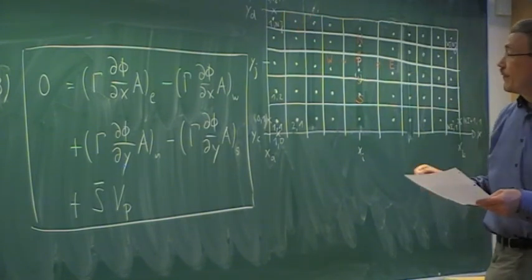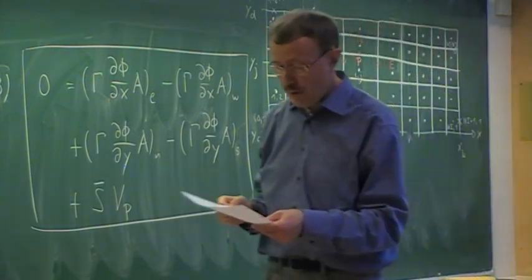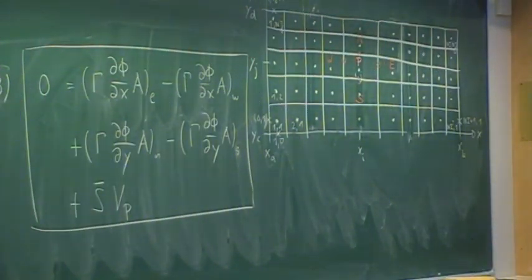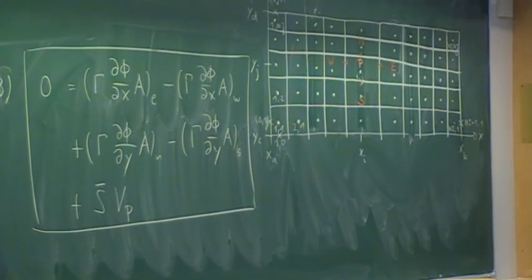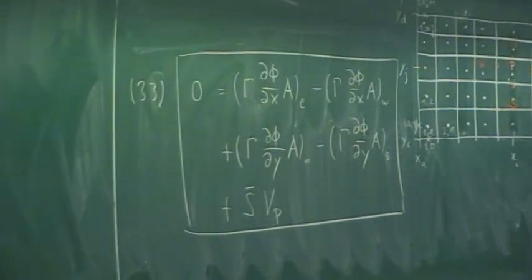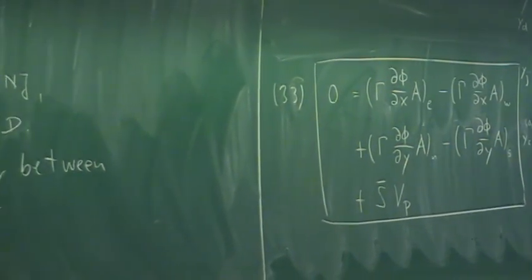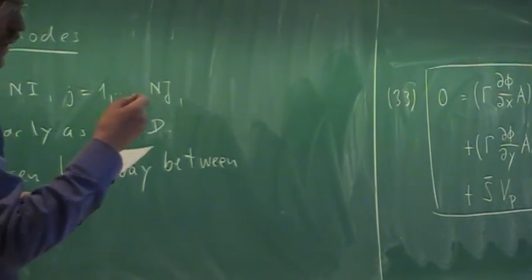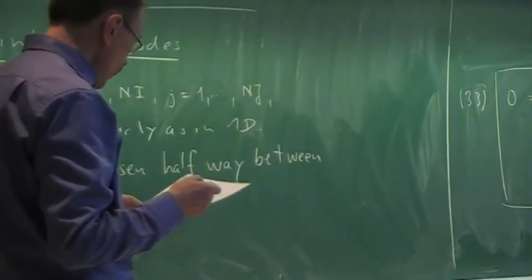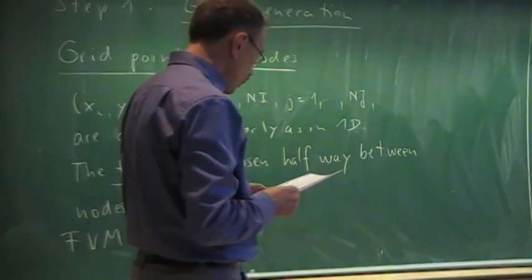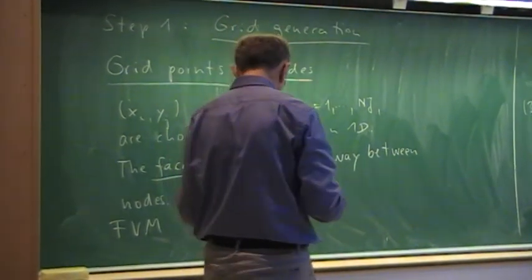So then we have defined our nodes, and we have defined our faces. And the finite volume method that uses this set, where we start from the nodes and by that define the faces halfway, that way to define the finite volume method is called node-centered finite volume method.